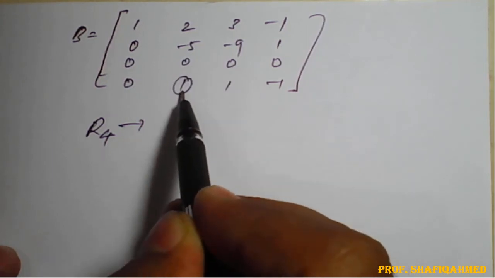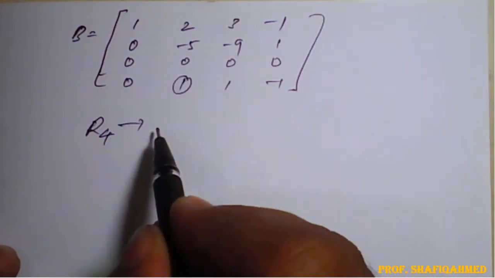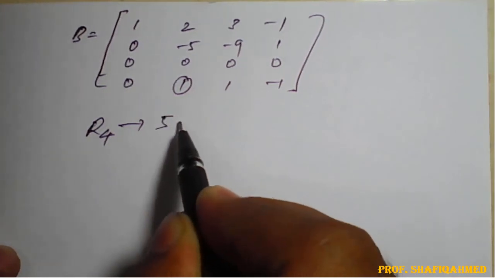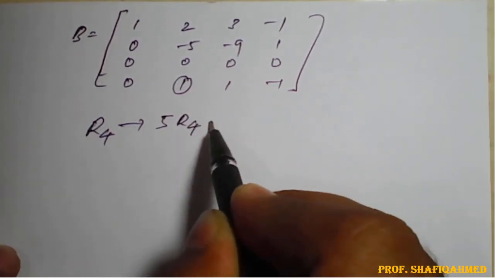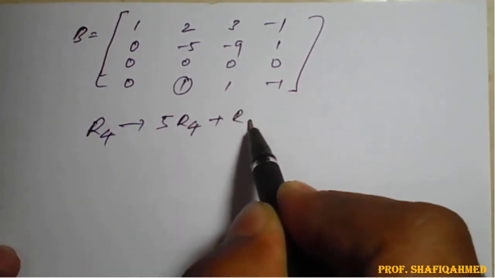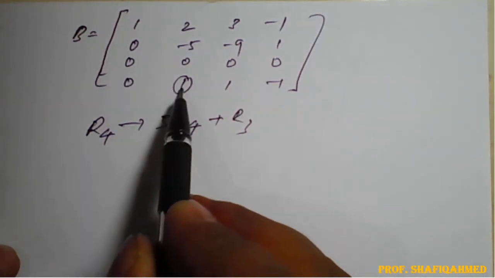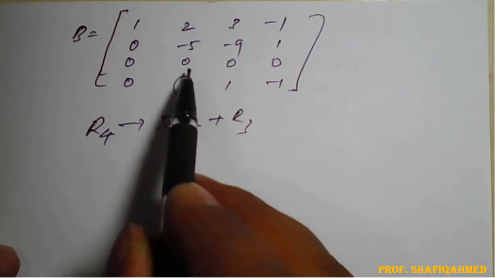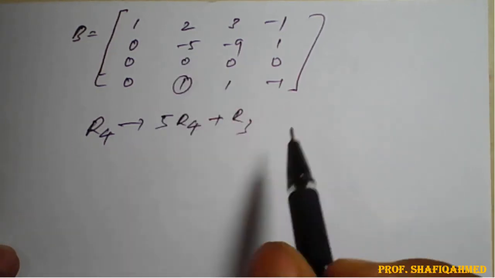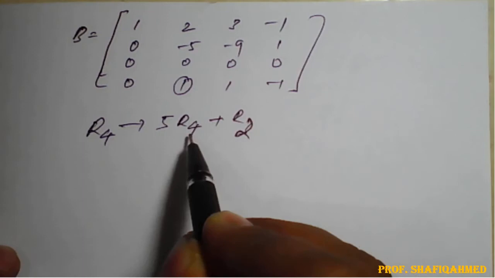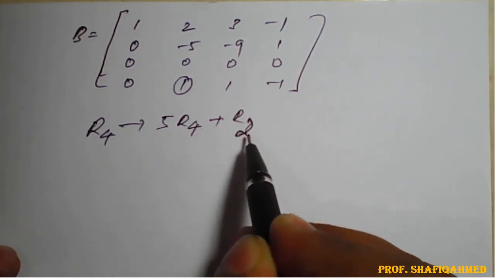So on R4 we need to multiply 5, so 5 times R4 plus R2.